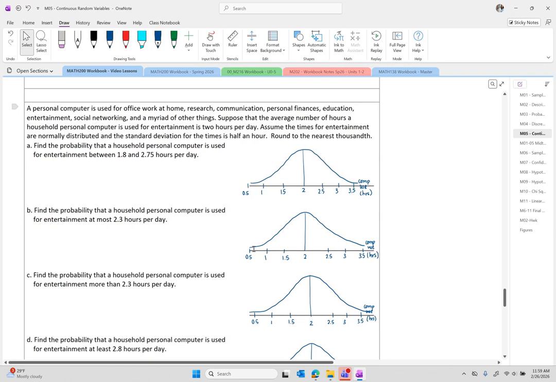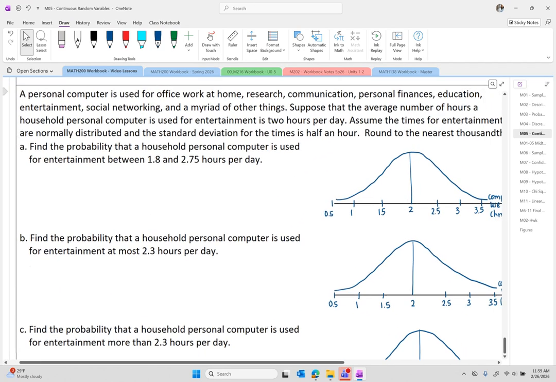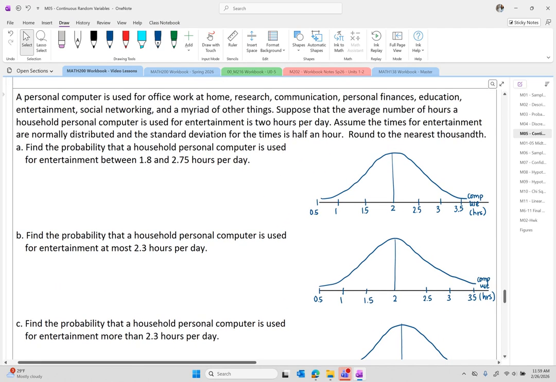So the example we are going to be working on is about a personal computer that is used for office work at home, research, communication, personal finances, education, entertainment, social networking, and a myriad of other things. Suppose that the average number of hours a household personal computer is used for entertainment is 2 hours per day.